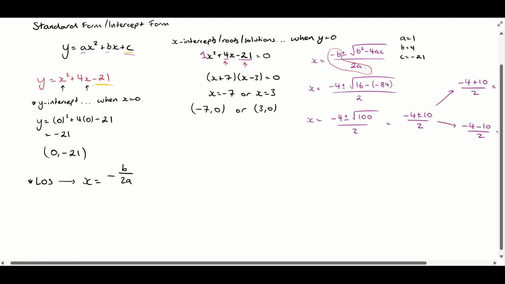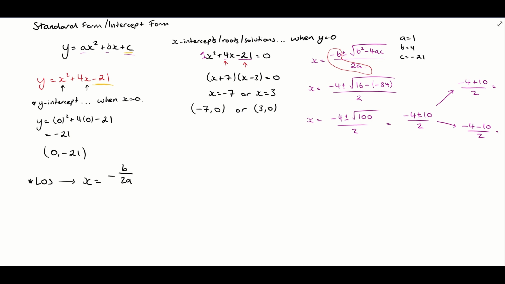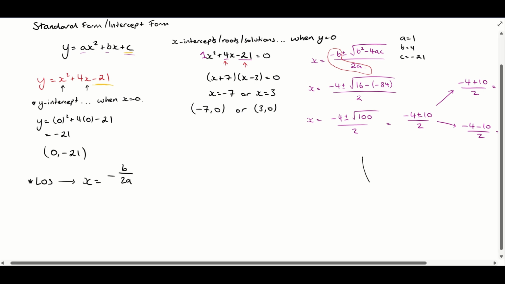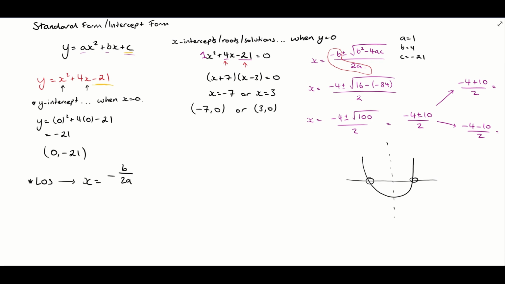If you think about the symmetry of a quadratic shape, like a parabola, then it's directly symmetrical, which means wherever my roots are, whether it's here and here, the line of symmetry has to be exactly halfway between the two roots. There's no other way for this thing to be symmetrical.